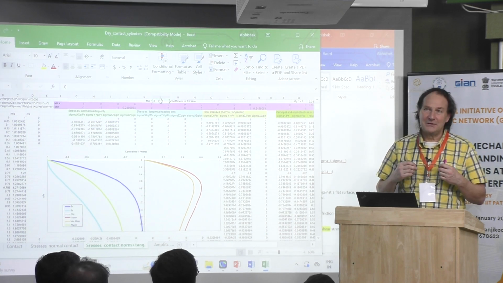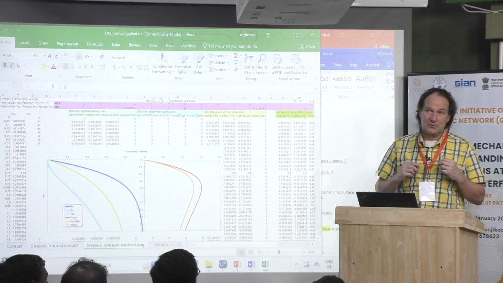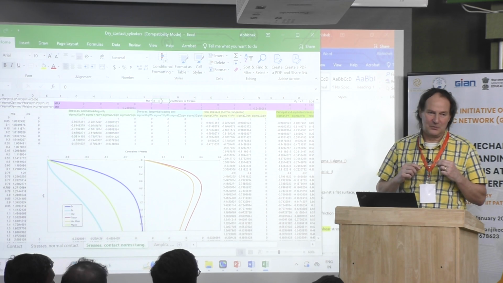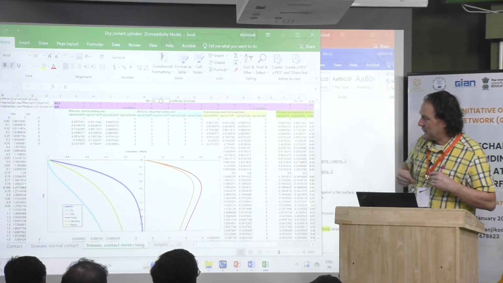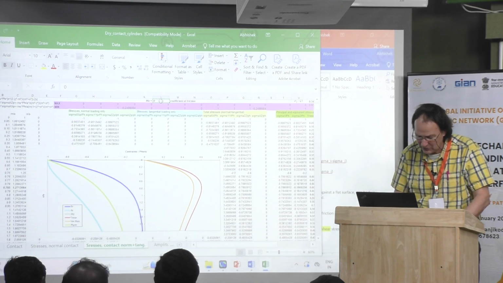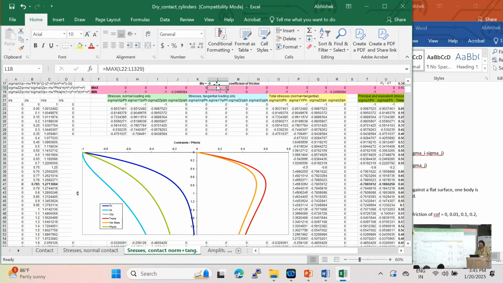The first thing I like to say is that when you have a very low friction coefficient, it's not useful to perform a simulation with a friction coefficient, because there is no effect. For example, if you have a friction coefficient with a value of 1%, this is this value.